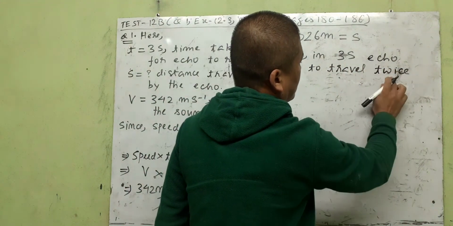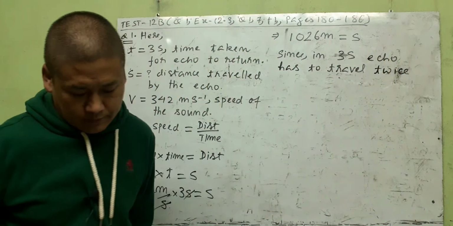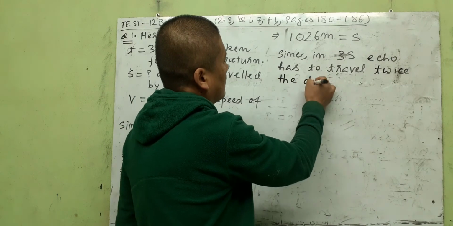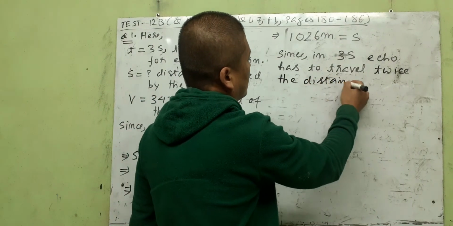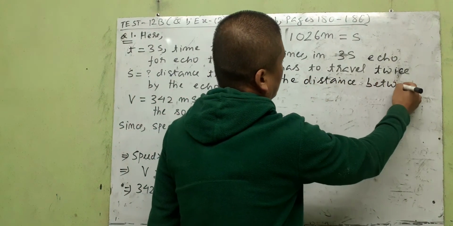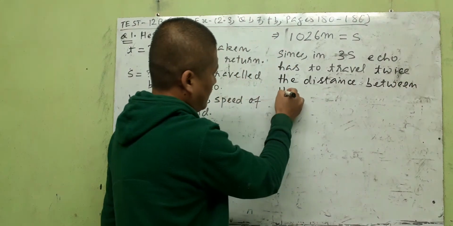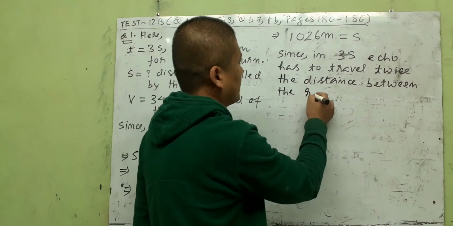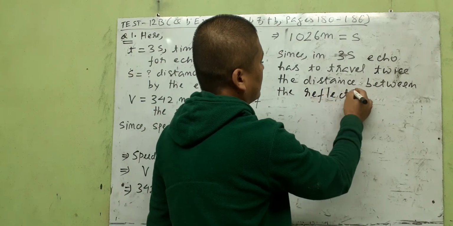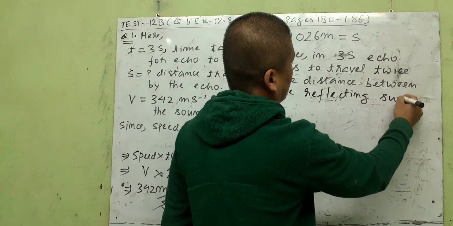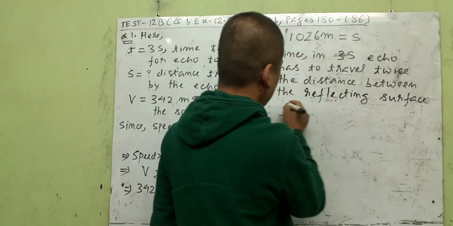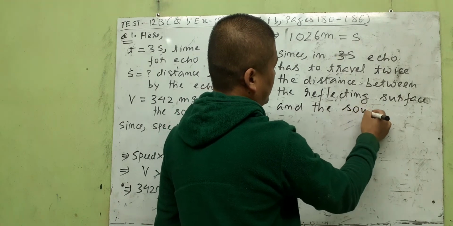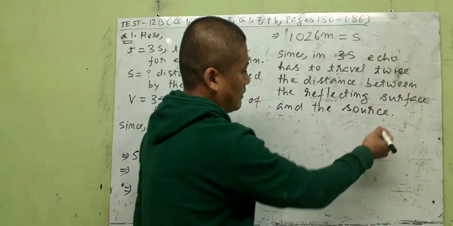That's why it is twice, because it is echo. Twice the distance between the reflecting surface and the source. The source means the place from where the sound is coming out.